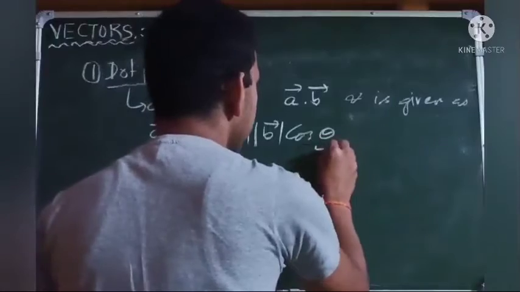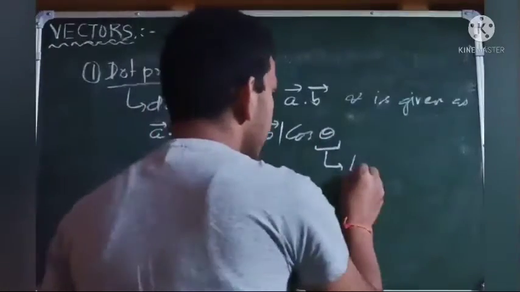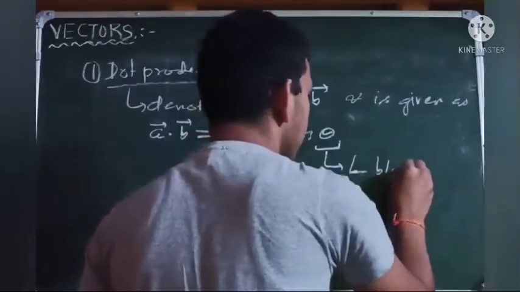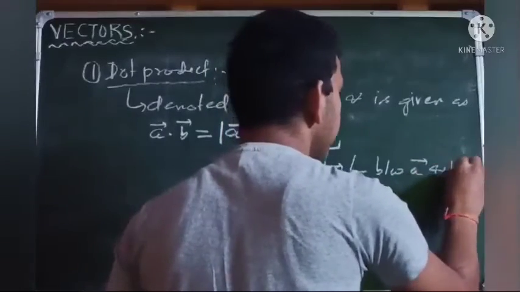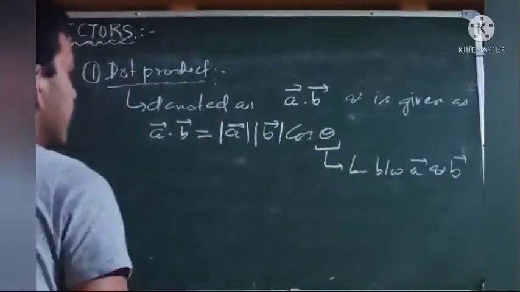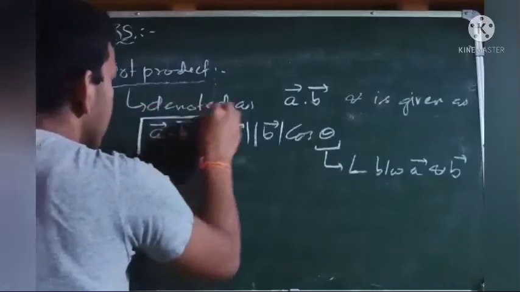This theta represents the angle between a vector and b vector. This is the definition of dot product.